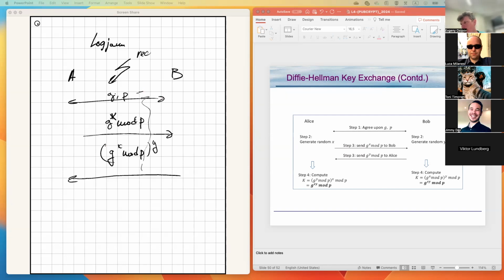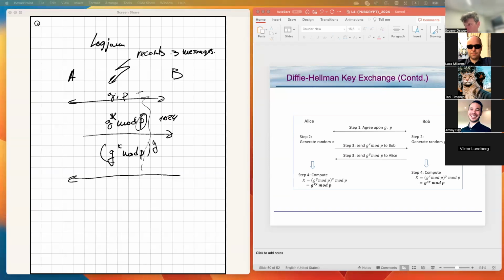For some special cases, when this P is about 1000 bits, or 1024 to be exact, and all the other numbers are of this kind, there is an algorithm which can be computed efficiently, in a matter of minutes, that can compute the X, knowing all these numbers.